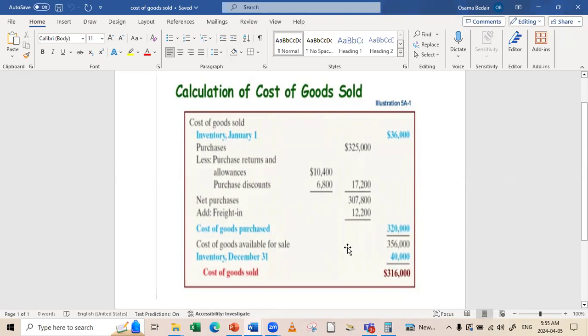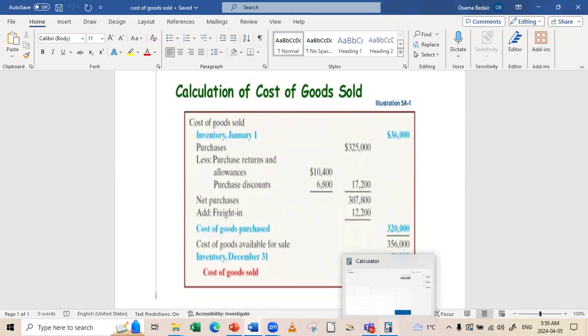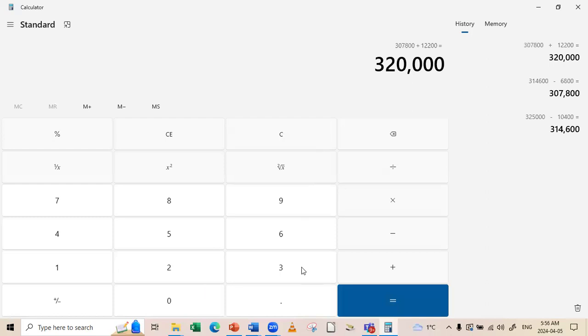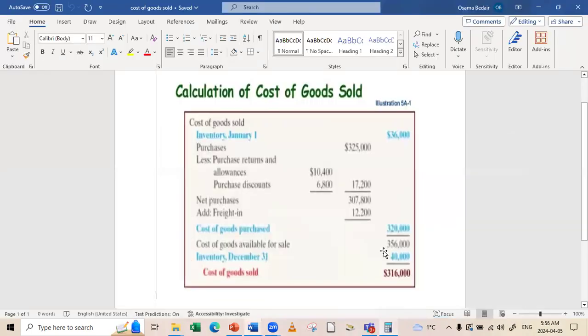Okay, now I will add 36,000, which is the beginning inventory, plus the cost of goods purchased. That gives 356,000, which is the inventory at the start of the year plus the purchases bought during the year.